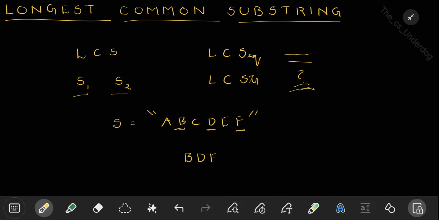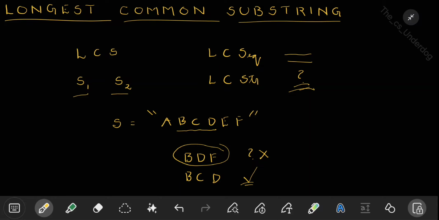It is not a substring because the letters are not occurring contiguously in the original string. Instead, if you take BCD, this is occurring contiguously in the original string. That means BCD is a substring of the string. So BCD is a substring as well as a subsequence. But coming to BDF, it is a subsequence but not a substring. So this is the difference between a subsequence and a substring.